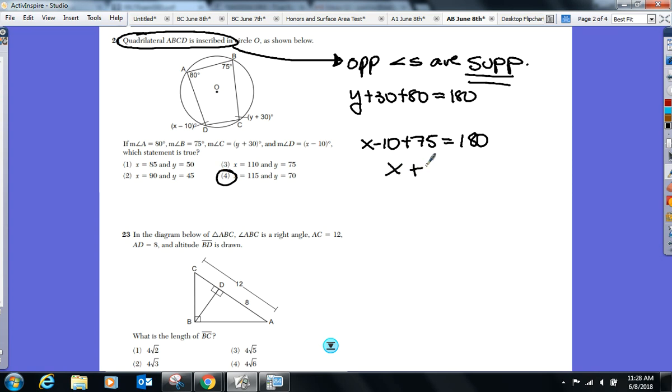This is 65, right? Move the 65 over. 180 minus 65. 115. 60, yeah. Negative 10 plus 75. I add these up. Opposite angles are supplementary. They add to 180. You all right there, slugger?